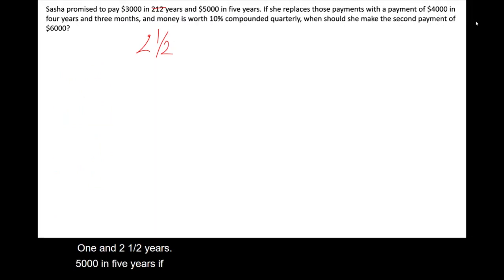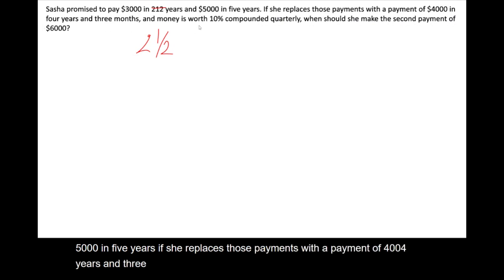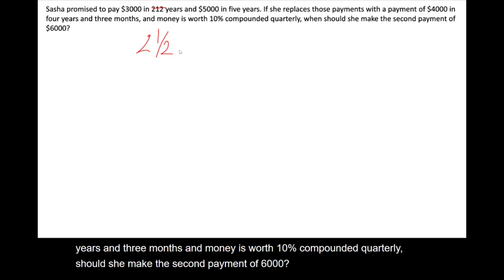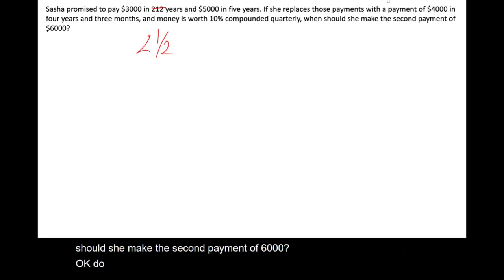If she replaces those payments with payment of 4,000 in 4 years and 3 months, and money is worth 10% compounded quarterly, when should she make the second payment of 6,000? Okay, do it. What about, let's say, 3 minutes.